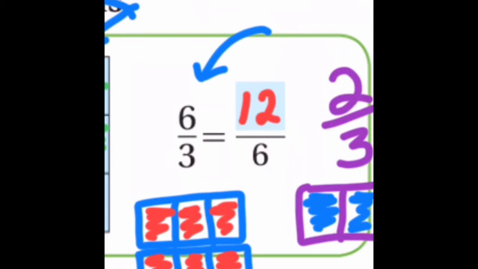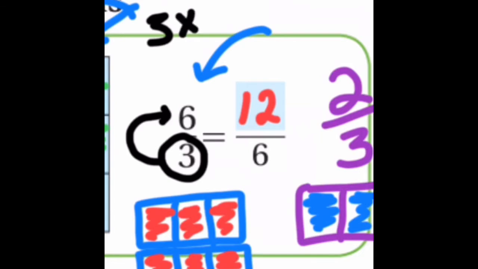Now you don't have to know this next part, but I think it's a really cool trick that might help you out eventually. If I look at the denominator and I think of what do I have to multiply that denominator by to get the numerator, I would multiply 3 times something to equal 6, and that something would be 2.